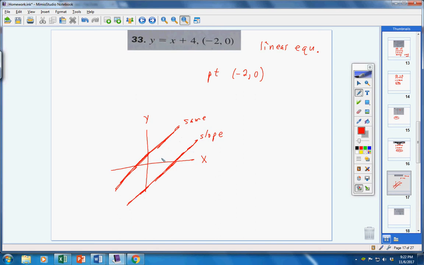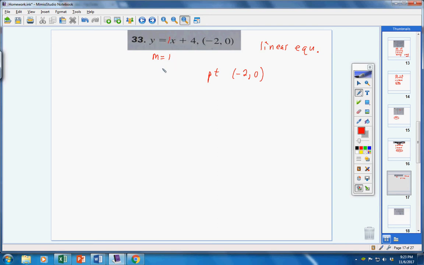So the line that I'm trying to write a linear equation for is parallel to this line here. Now hold it. I know this slope is not y all by itself. Sure it is. If y is by itself, the number in front of x is your slope. So what is the slope for this linear equation here? Well, it's 1, because of this 1 here.